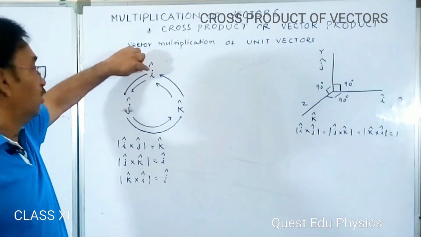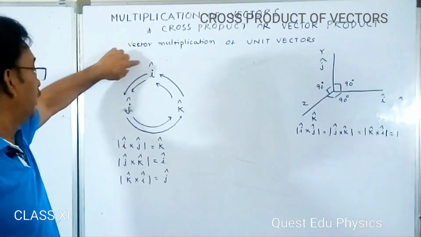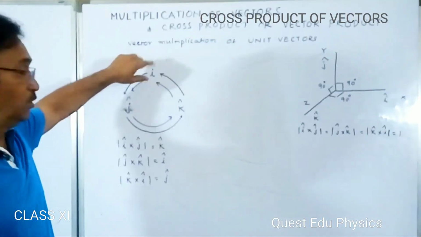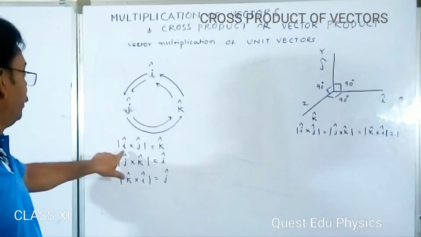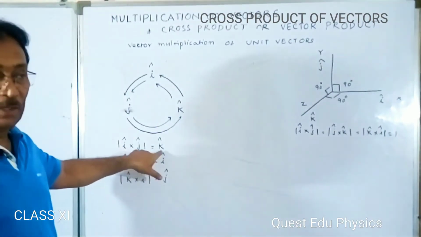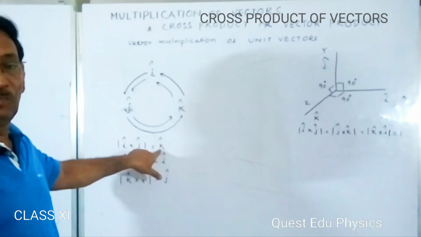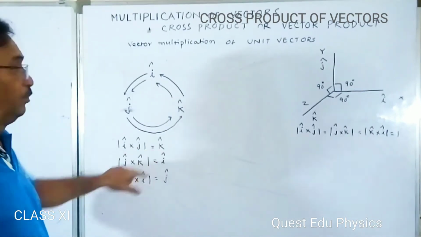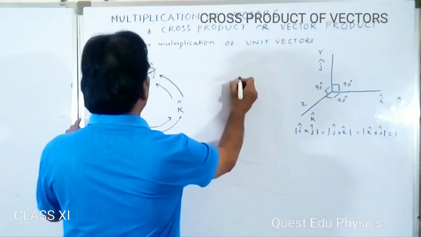That means when the two vectors are multiplied in the anti-clockwise direction, the product is positive. The resultant vector is positive. We are doing the same thing here.